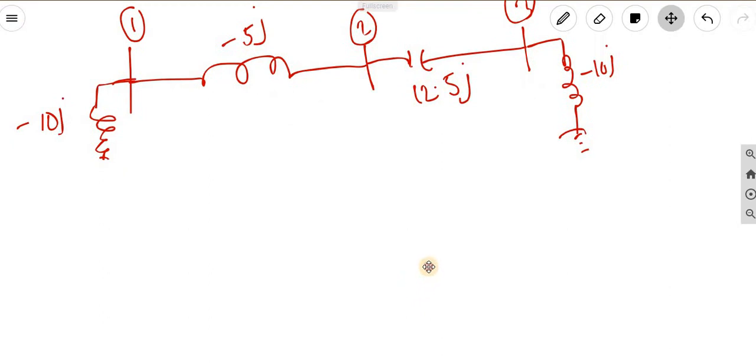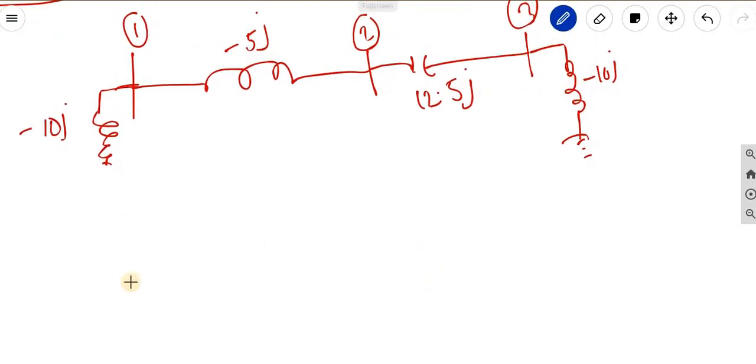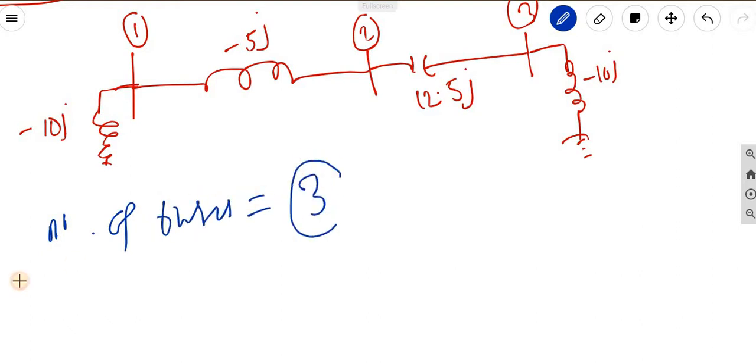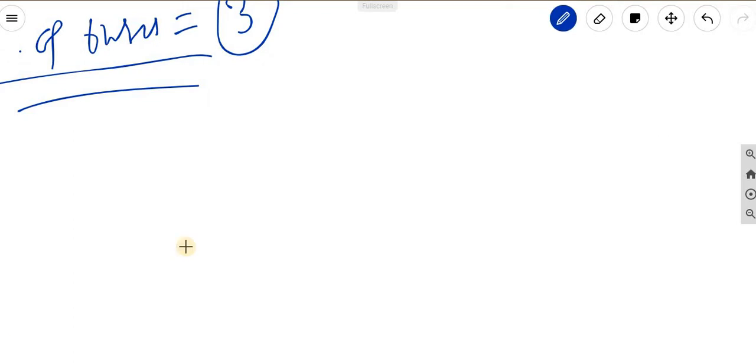So now it is ready. What would be the matrix now? So obviously there are 3 buses. If the number of buses is 3, what number of elements? Elements are 3 by 3 in Y bus.